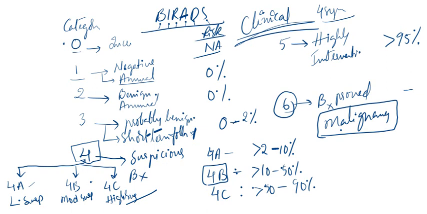Obviously 4B means she has a chance of malignancy of more than 10 to 50%. So what will you tell? Then you can say, I am suspecting some sort of malignancy, so better we confirm it with the help of biopsy. So like that you will get so many clinical aspects, integrated questions.